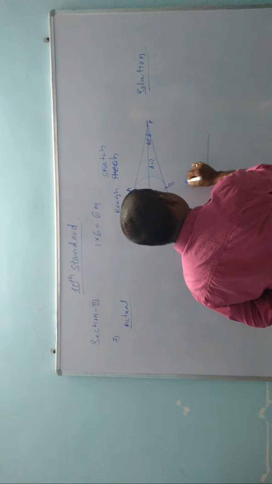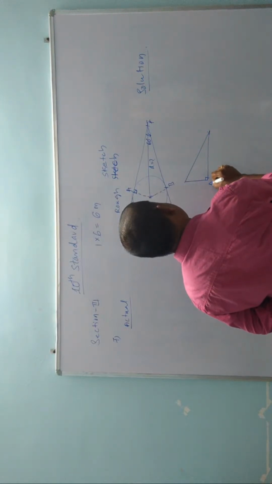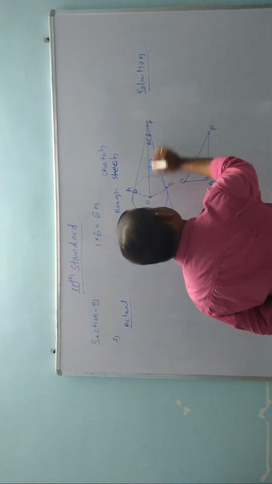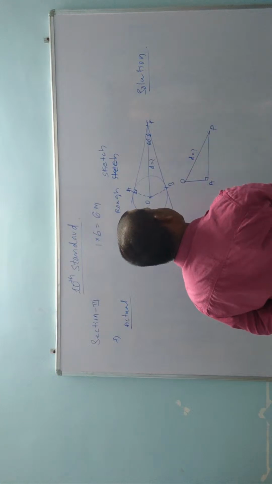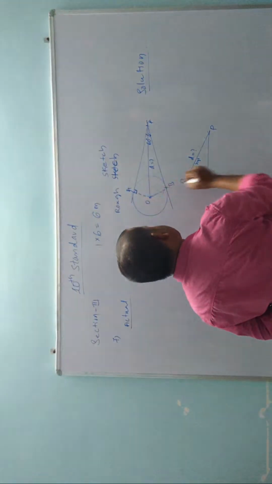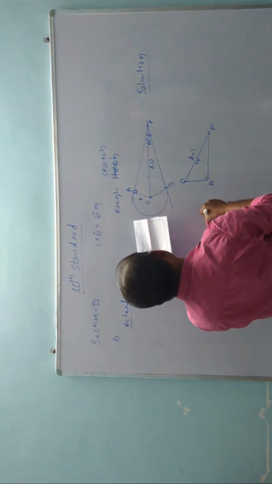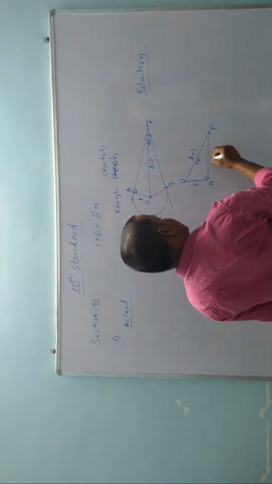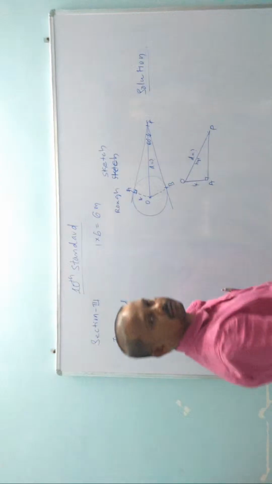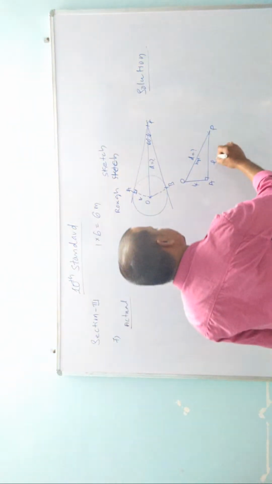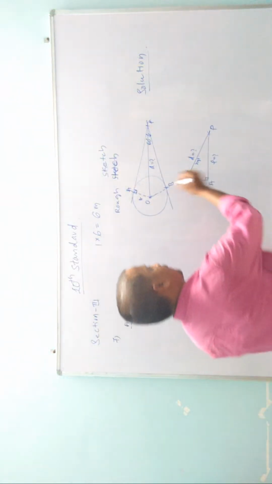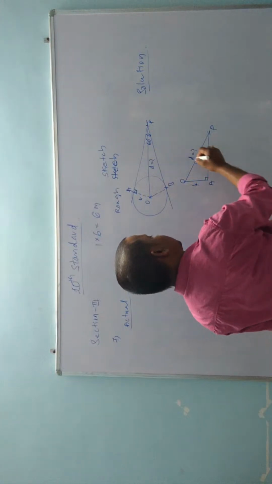This is A, this is P, this is O. OP, the distance D, becomes the hypotenuse. The radius is given as 4, so this is 4. This is the length of the tangent, L, which is not given. We need to find the distance from the center to the point.